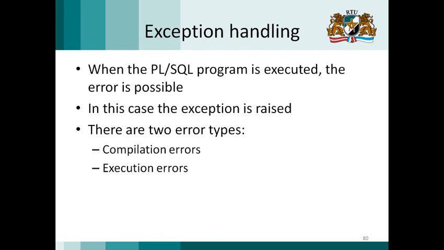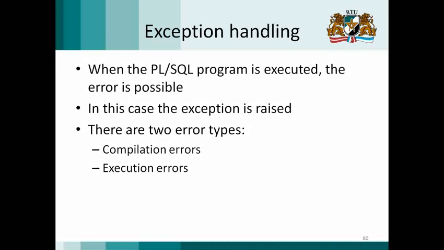For example, compilation errors are errors that you see when you are trying to create some table, and you see that something was wrong with that. These are compilation time errors. But execution time errors may occur and may not be shown in compilation.